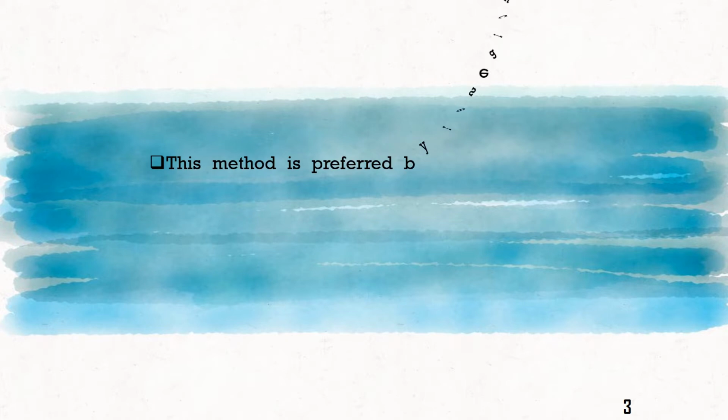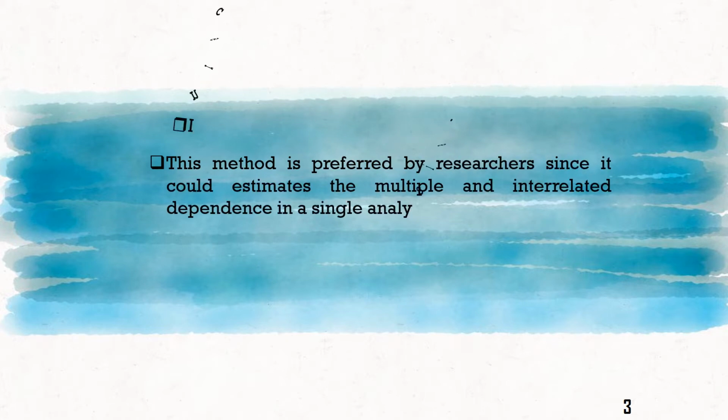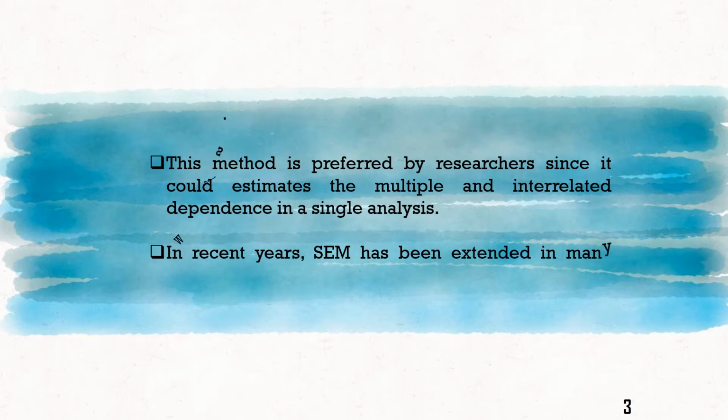Why SEM? This is because this method is preferred by researchers since it can estimate multiple and interrelated dependence in a single analysis. In recent years, SEM has been extended in many ways.